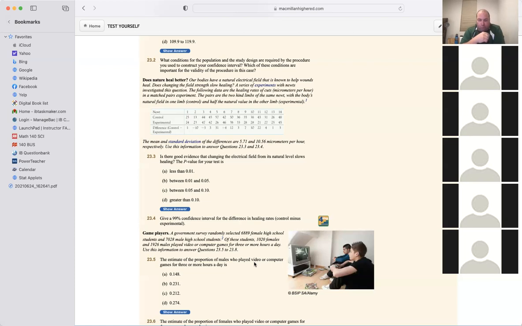Before that, what does it say? It says give a 99% confidence interval for the, so interval, right? Yes. Okay. Would it be negative 2.791 to 14.211? That's what I get. Okay.